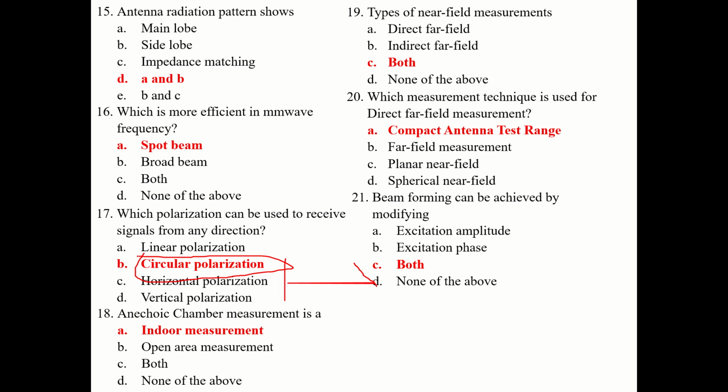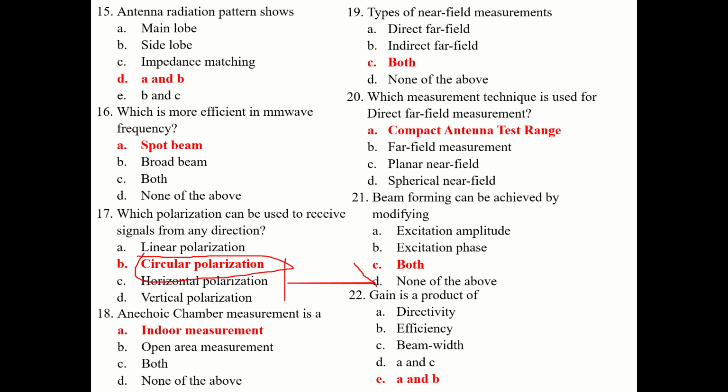Next is beam forming. Beam forming can be achieved by modifying the excitation amplitude and phase. You can achieve it by amplitude or phase alone, but you cannot go beyond certain limits, so we modify both. Next, gain is a product of what? Obviously directivity and efficiency.